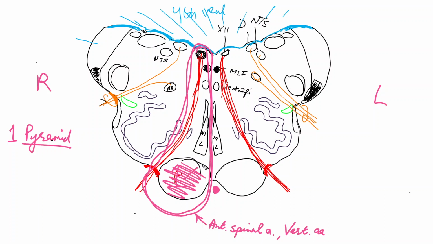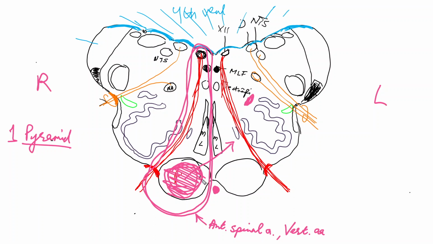They are going to cross over to the other side at the level of pyramidal decussation, the lowest level of medulla, and they will form the lateral corticospinal tract somewhere here, but on the left side, which will descend in the left side of spinal cord, and that will supply the motor neurons in the ventral gray horn of left side of spinal cord, which will travel in the spinal nerves of left side, supplying the left side of body.